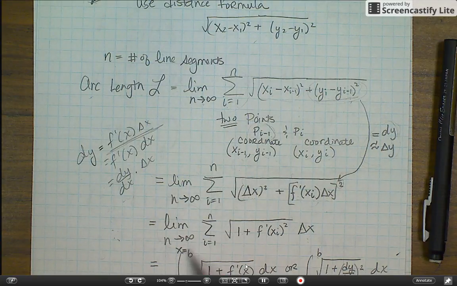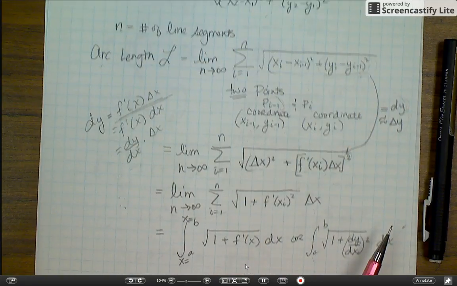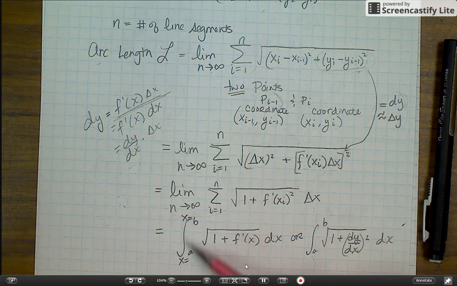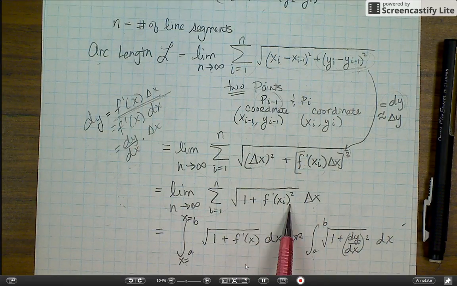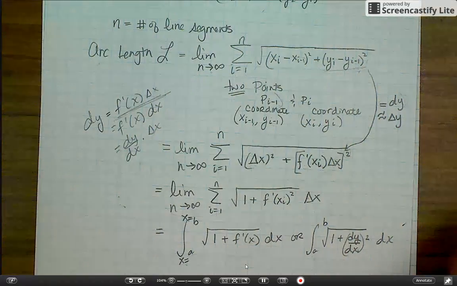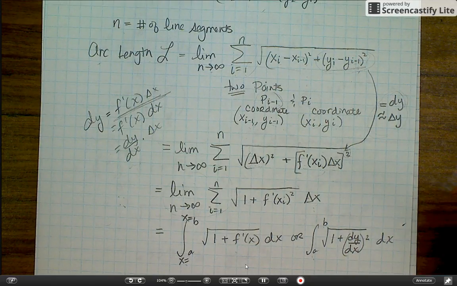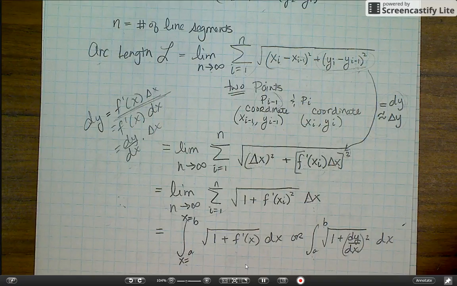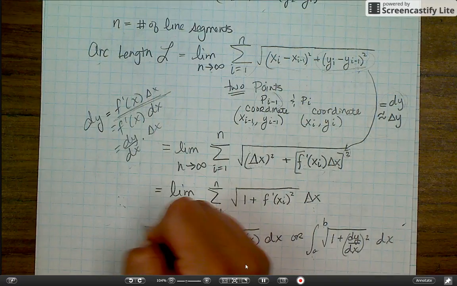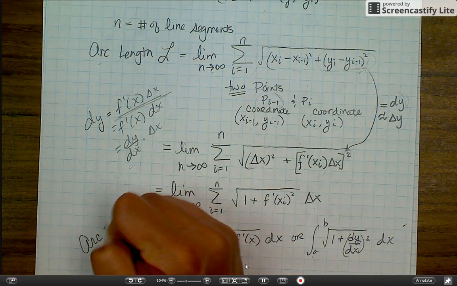We know that the limit with this sum gives us an integral, from x equal to a to x equal to b, and then I have this expression right here. I will bring it down here, and that is the same as this. They're exactly the same thing. So you would probably want to put this on a flashcard. This is your arc length formula, L, arc length.